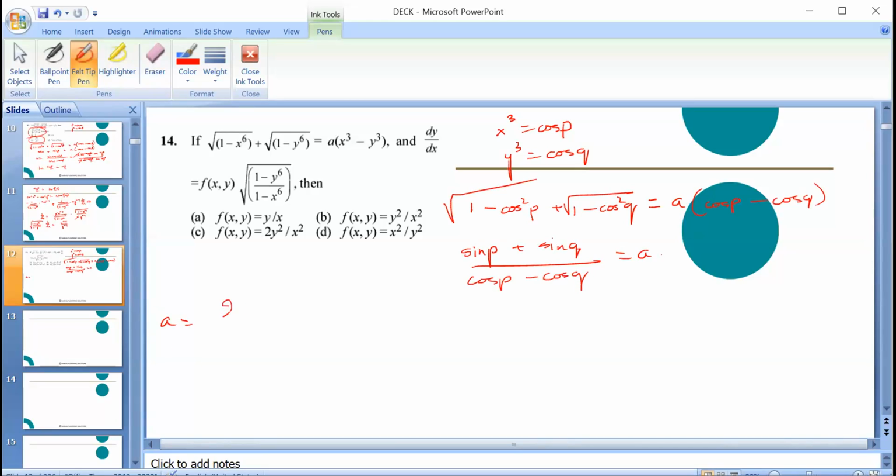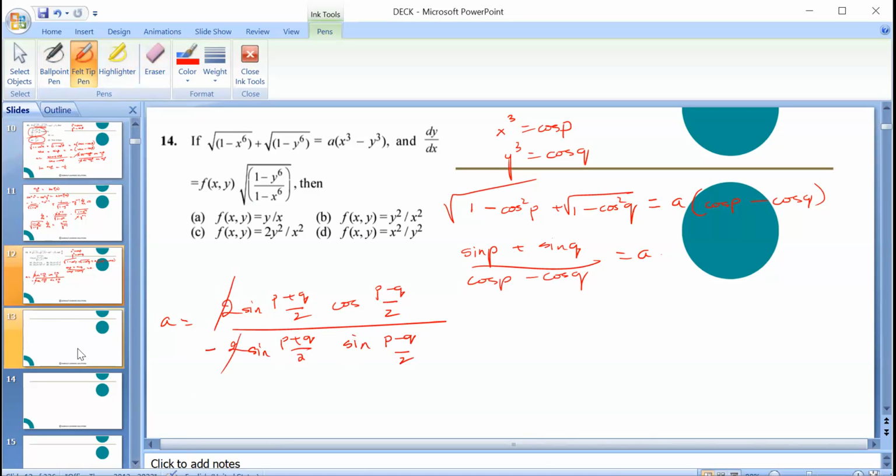So a is 2 sin p plus q by 2 cos p minus q by 2 by 2 cos p plus q by 2, 2 sin p plus q by 2 sin p minus q by 2, is minus. So 2 and 2 will cancel, sin p plus q by 2 also will cancel.